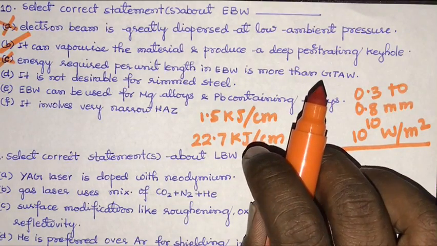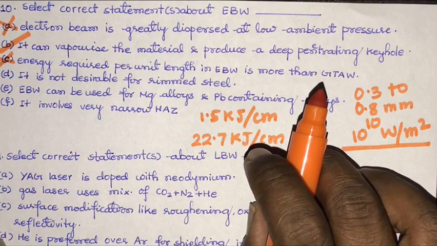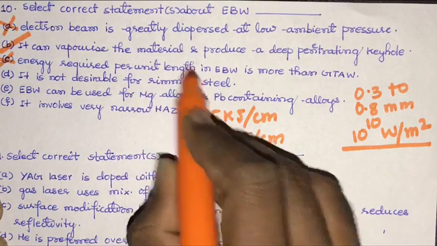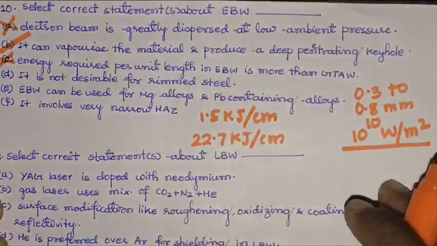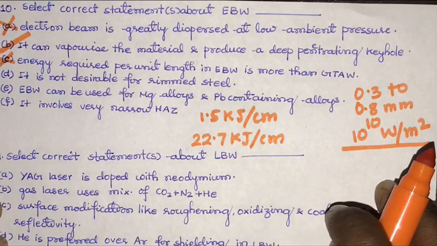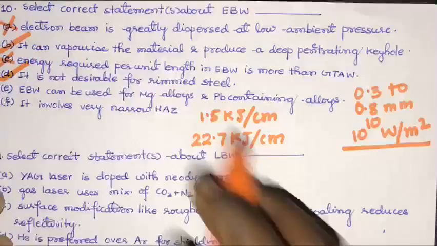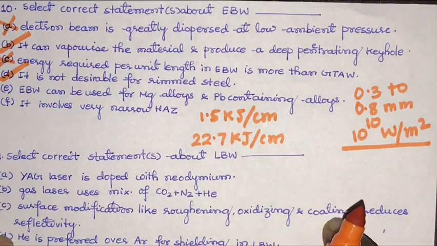So it causes weld porosity. The gas that comes out from the rimmed steel does not get enough time to escape, because the welding speed of electron beam welding is very high. So this is not desirable for rimmed steel. This is absolutely correct.